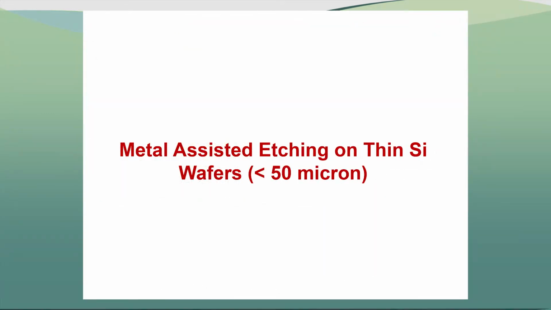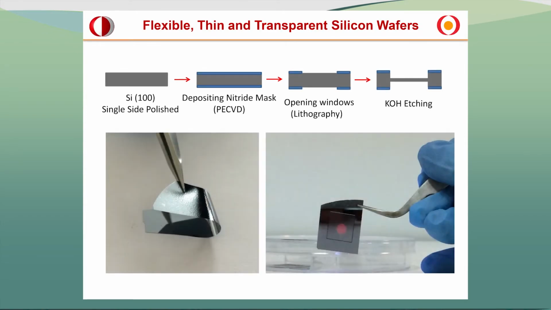Okay. So what about thin silicon? When we look at thin silicon wafers with less than 50 micron thickness, the fabrication of thin silicon, of course, is not the industrial approach, because here we consume a lot of material, but this is just to show a proof of concept.